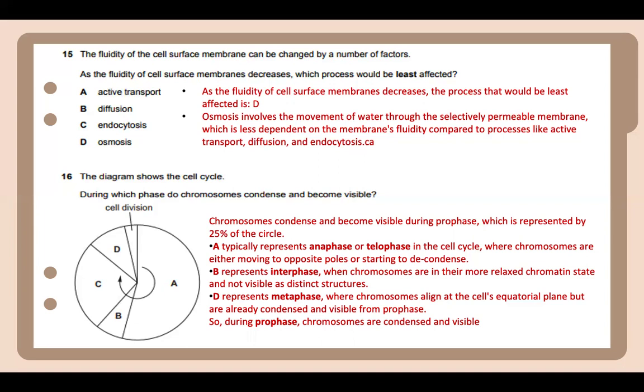B represents interphase, when chromosomes are in their more relaxed chromatin state and not visible as distinct structures. D represents metaphase, where chromosomes align at the cell's equatorial plane but are already condensed and visible from prophase. So the correct answer is prophase, when chromosomes are condensed and visible, which is C.